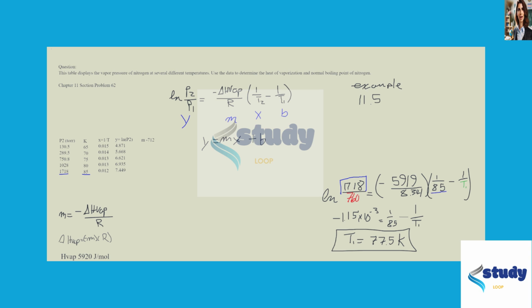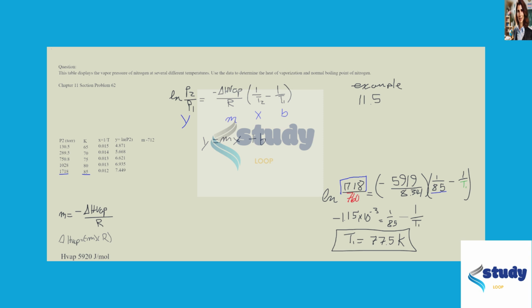So you need to put 760 in for P1, 1718 for P2, plug in the number that we just got, and T2 I've chosen to be 85, and then we can solve for T1.